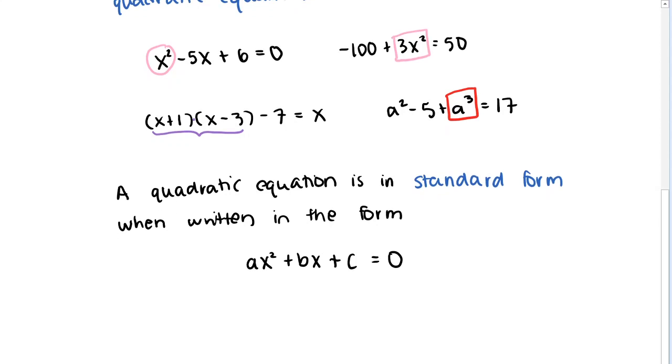So what this means is that our equation is in standard form if we've moved all of our input variables, all of our x variables onto one side, as well as the constant term.